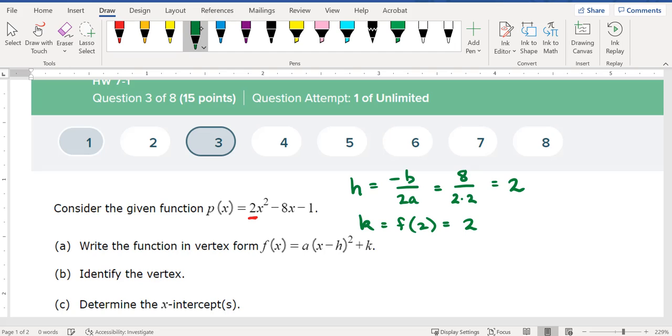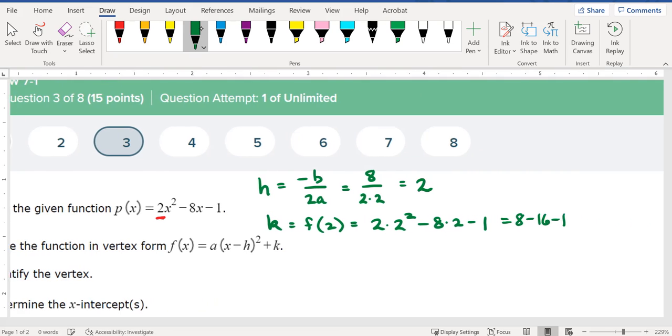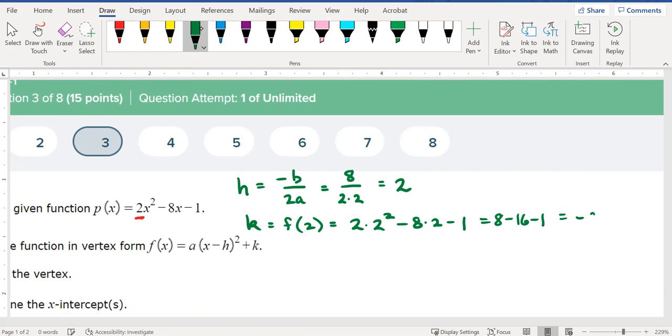So I get 2 times 2 squared minus 8 times 2 minus 1. 2 times 2 is 4, times 2 is 8. 8 minus 16 minus 1 is negative 9. So my vertex is (2, negative 9).